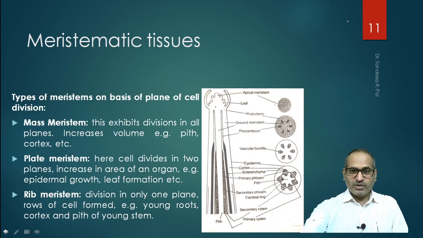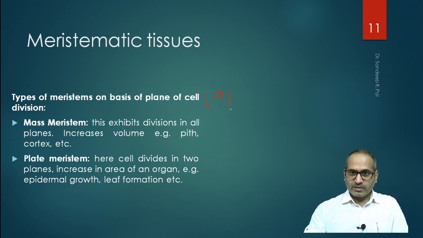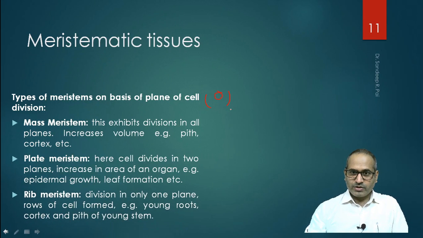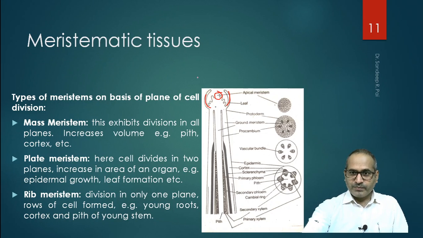This diagram will help us understand all the types of meristems and their positions. Here we see apical meristem. Then the leaves or the sideways branches are produced because of the earlier type of meristem, which is shown in the earlier slide.